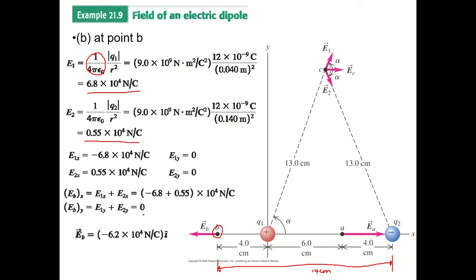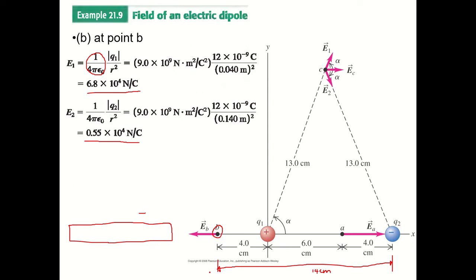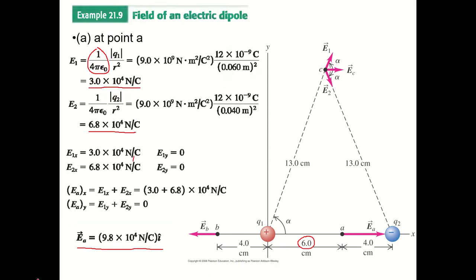The vertical component is equal to 0, so no need to write the part that would contain the j component. So this is the answer at point B. A while ago we had this one, which is for point A.